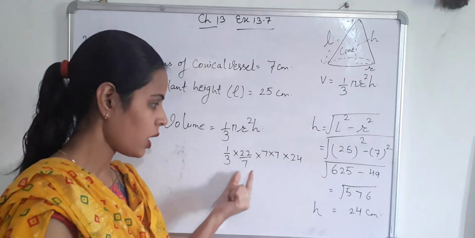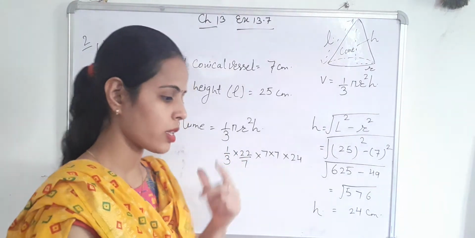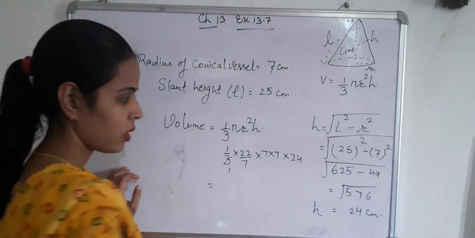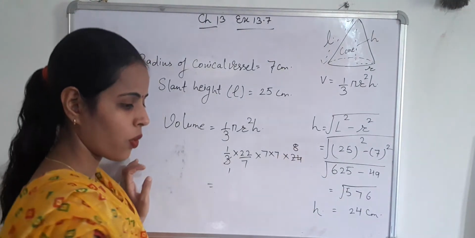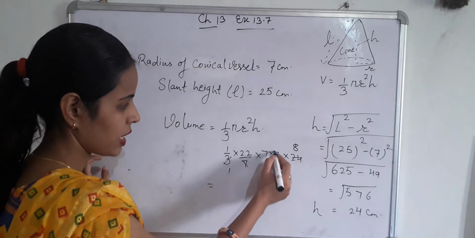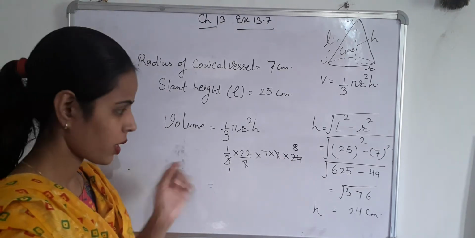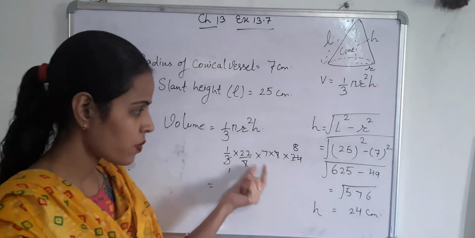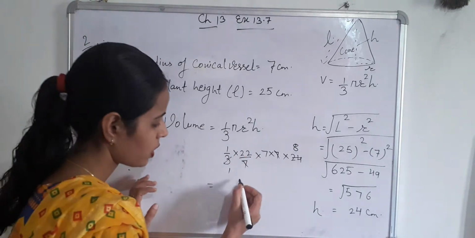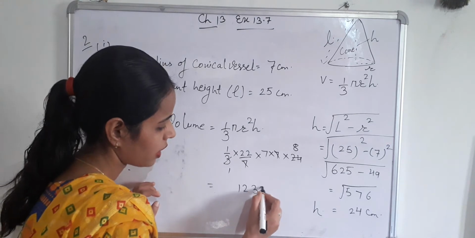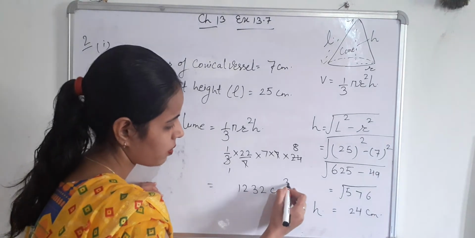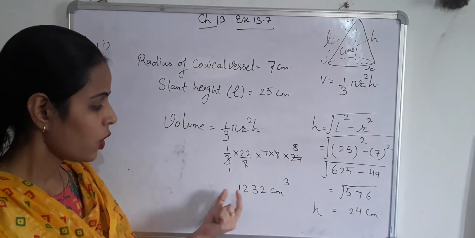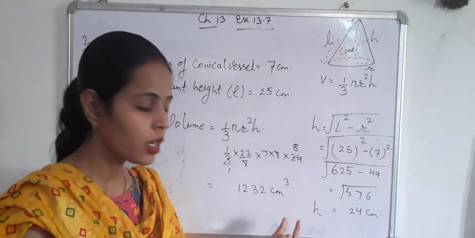1 upon 3 pi r square h. 3 1 3, 3 8 24. 7 is cancelled by 7. 22 into 7 154. 154 into 8 equals 1232 centimeter cube. So capacity of this conical vessel is 1232 centimeter cube.